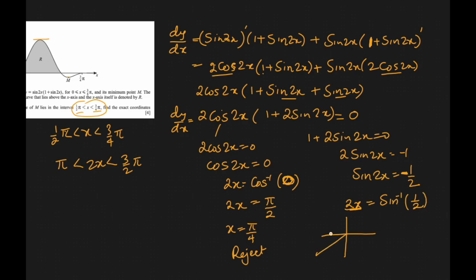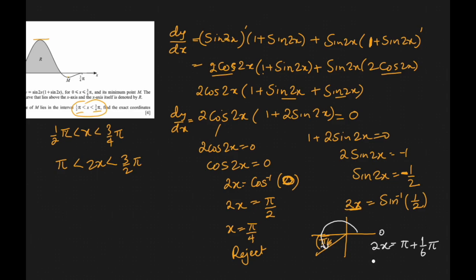I remove the negative to get the quadrant first, and then sin inverse half is 30 degrees or pi by 6. That I will draw with this horizontal line. So this angle will start counting from 0 and reach here, which is pi plus 1 over 6 pi. That is 2x.